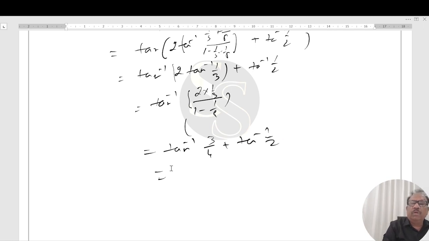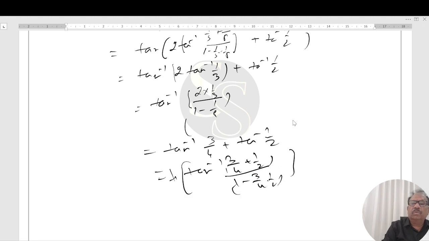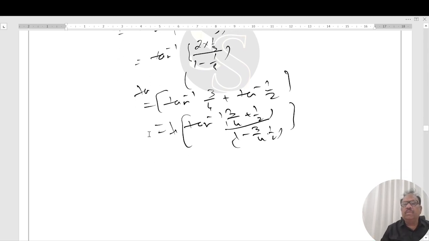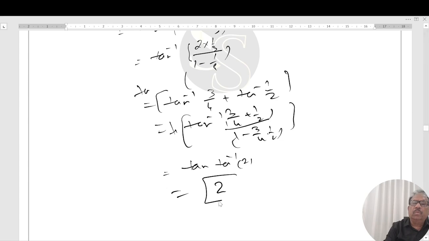Again apply the formula tan inverse x plus tan inverse y: tan inverse of 3 by 4 plus 1 by 2 upon 1 minus 3 by 4 into 1 by 2. The tan is outside with everything, right? On further simplification, we get tan inverse 2, and the answer will come out to be 2.